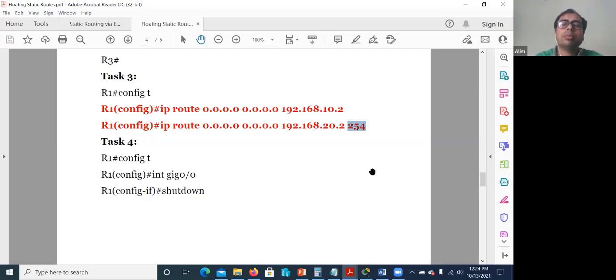The administrative distance is 254. That is, it will take lower precedence. What will be the default administrative distance of a static route?